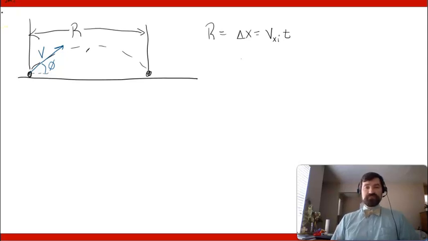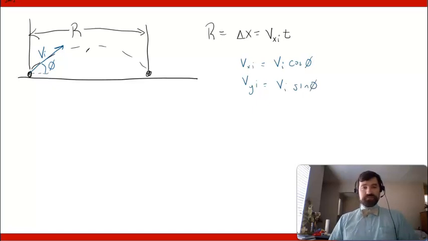It follows that vx initial would be v initial times cosine phi, and vy initial would be v initial times sine of phi.